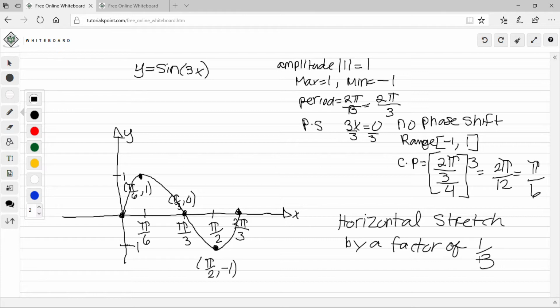So that's one problem. So I'm going to erase. If you need to save, press pause.